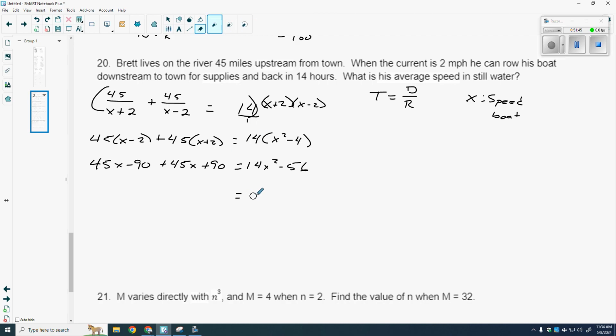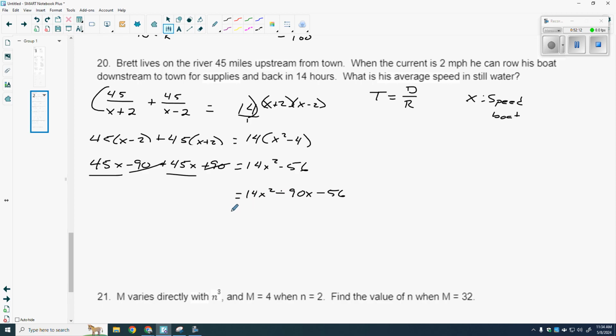I'm going to keep the x squared positive, so I'm going to move everything to the right. I have 45 x's plus 45 more x's gives me a grand total of 90 x's. Moving them to the right makes them negative. So we have minus 90x. Negative 90, positive 90 goes away, so I just have that 56 over here on this side.